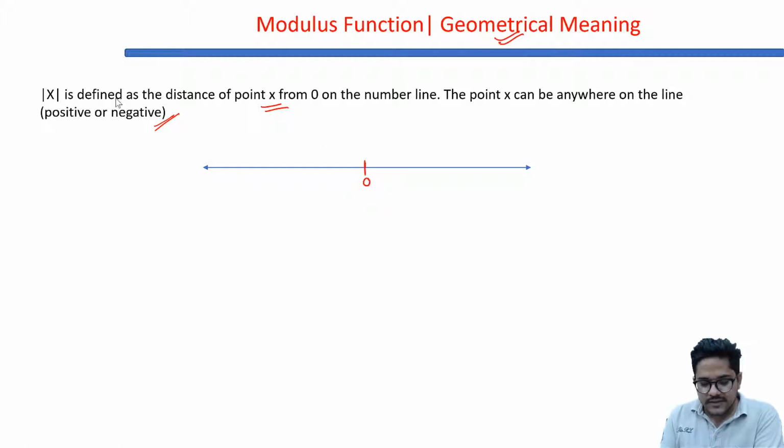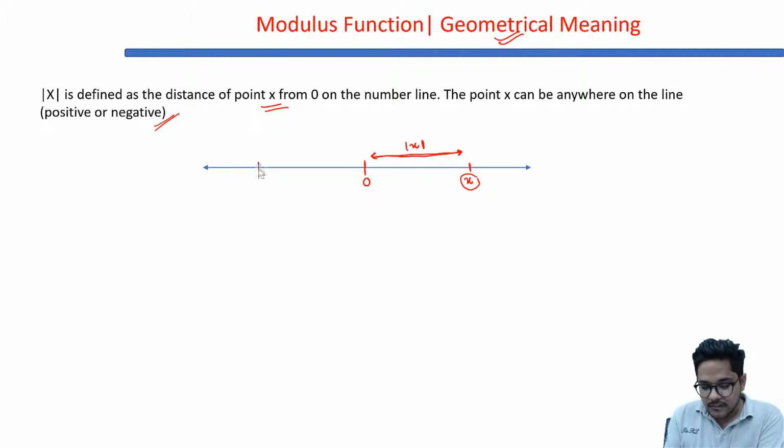So mod of x is nothing but the distance of point from x. So let's suppose on the number line on the right hand side we have x over here. Mod of x is nothing but the distance between 0 and x. This will give the distance between the point 0 and the number x. Now this x was on the positive side or the right hand side of the number line.